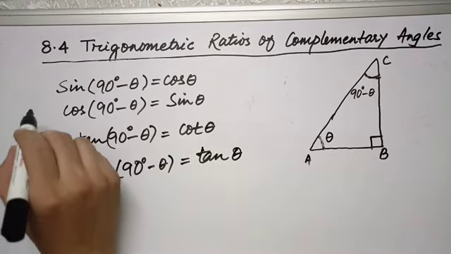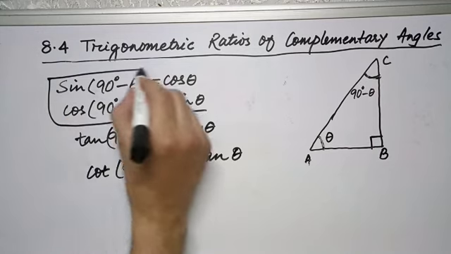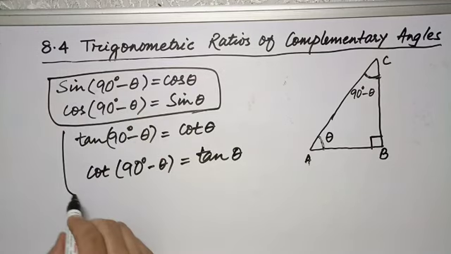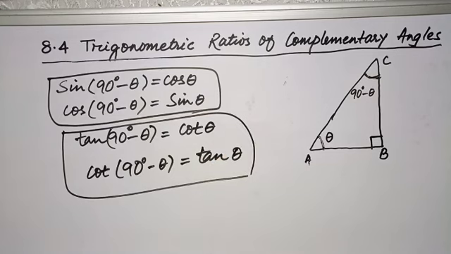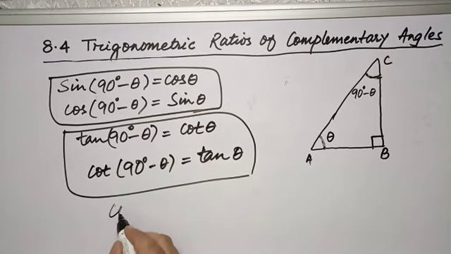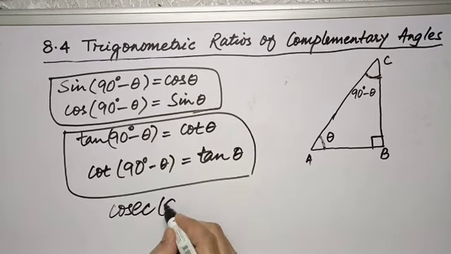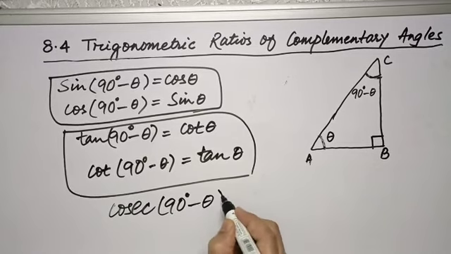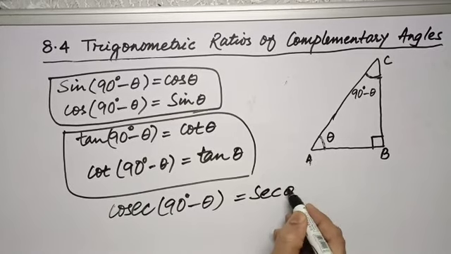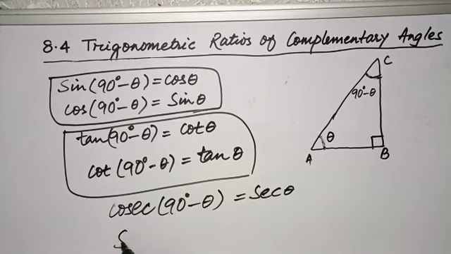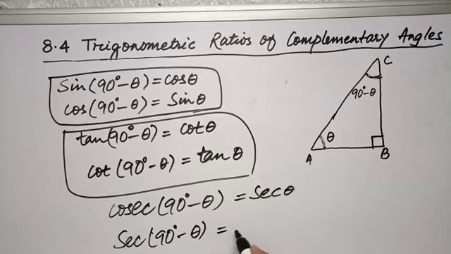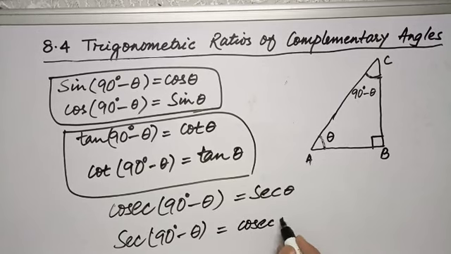Okay, and lastly, you can see these two are similar and these two are similar. One more pair is there, you know it, what? Cosec 90 degree minus theta equal to sec theta, and sec 90 degree minus theta will be equal to cosec theta. Okay, this is the concept of complementary angle here.